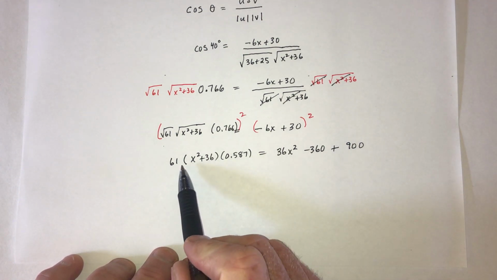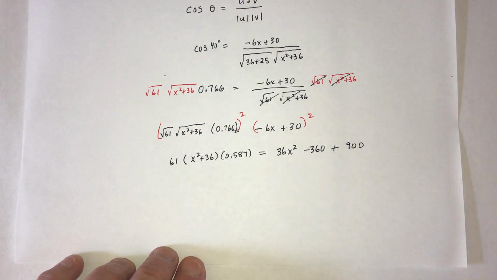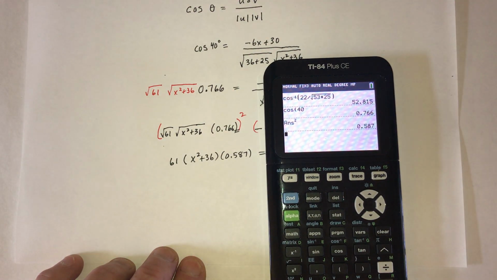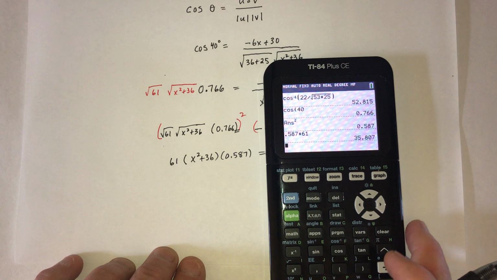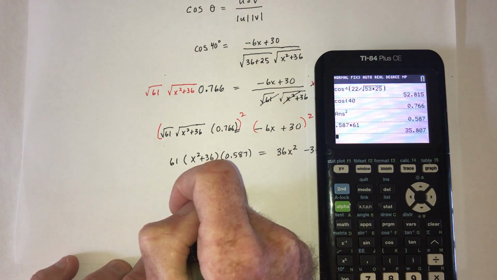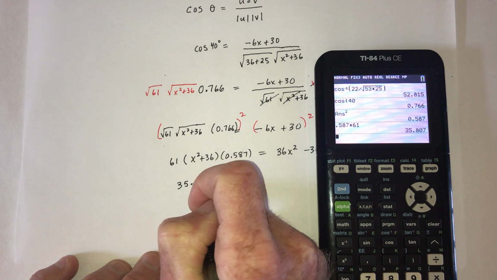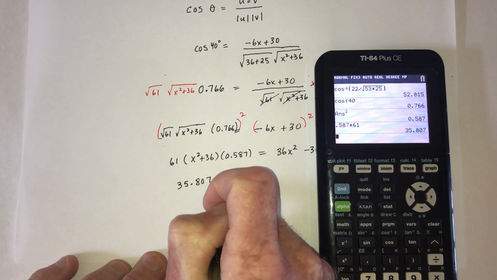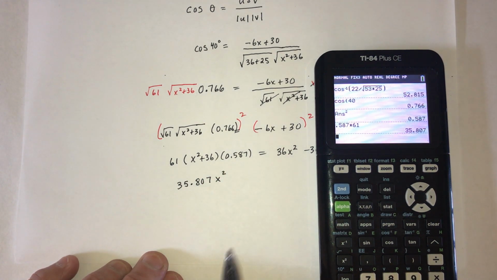This I need to distribute. So I need to take a 0.587 times a 61, and then distribute that. So there would be 35.807 times x squared.